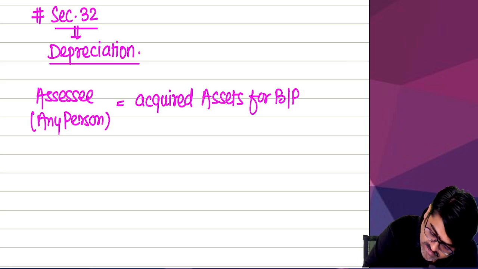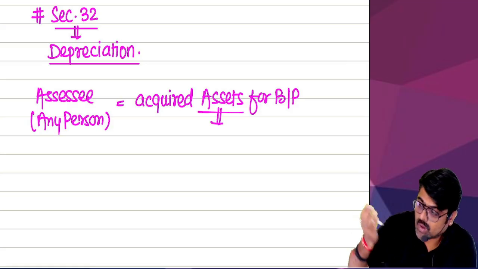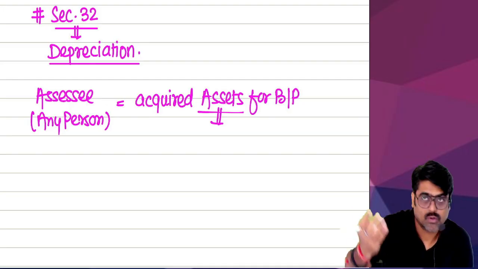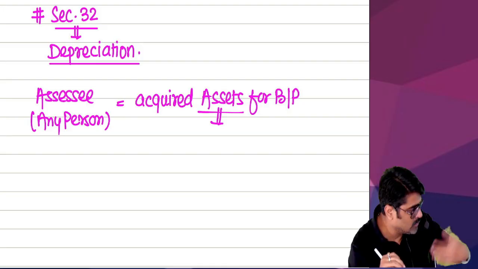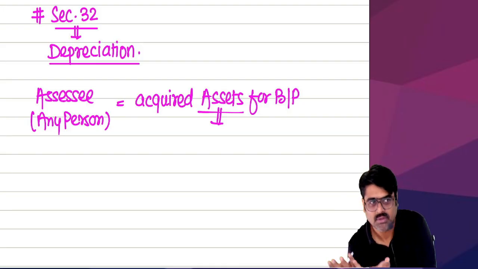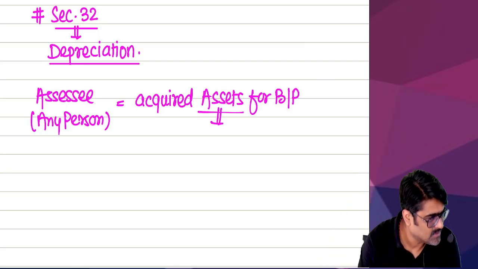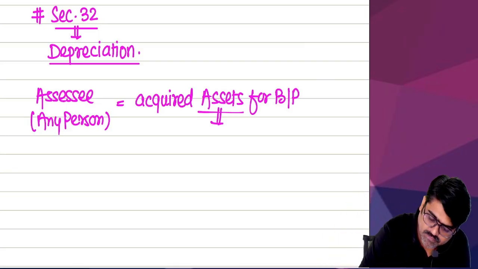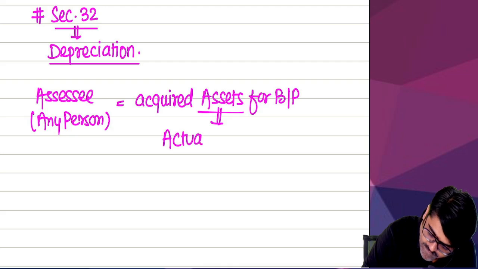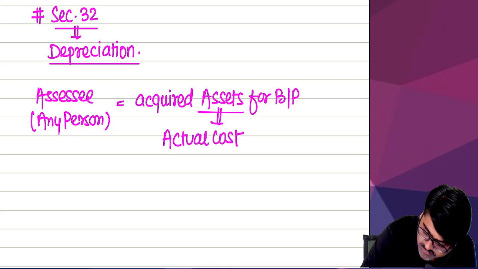So when the assets are acquired, don't you think some cost will be incurred to acquire the asset? To acquire the asset to be used in my business or profession, I will have to incur the cost to acquire that asset. That cost to acquire the asset is known as the actual cost of that asset.